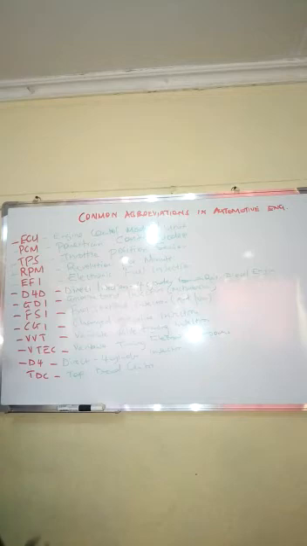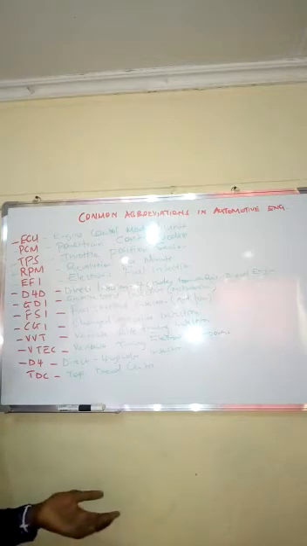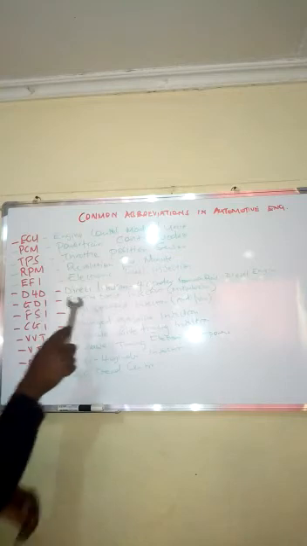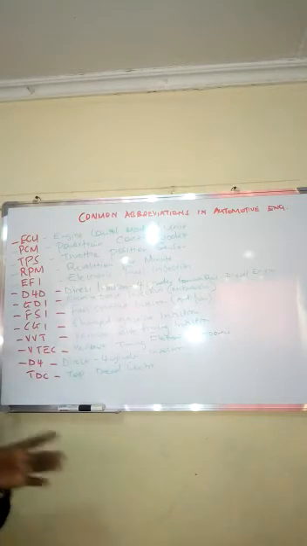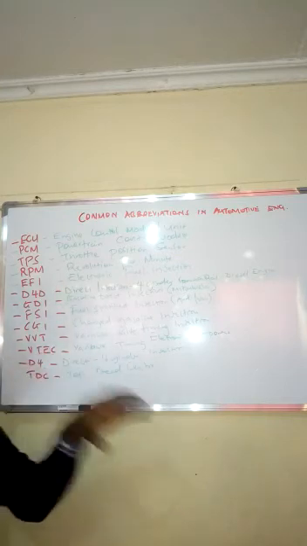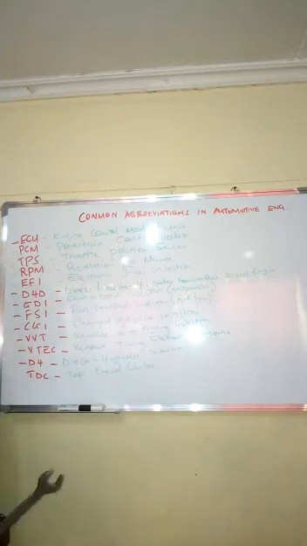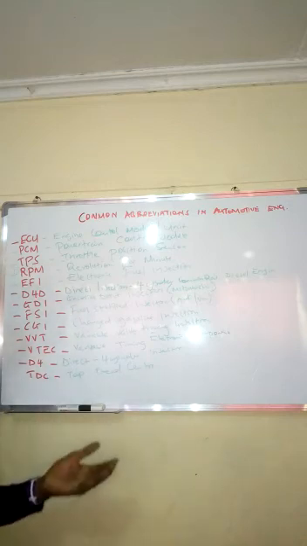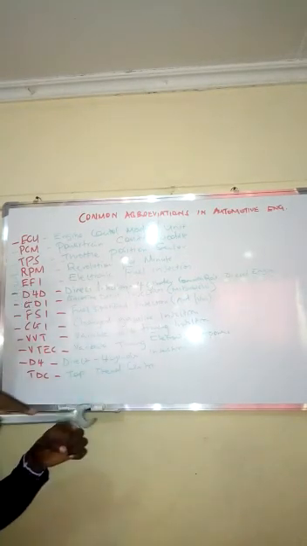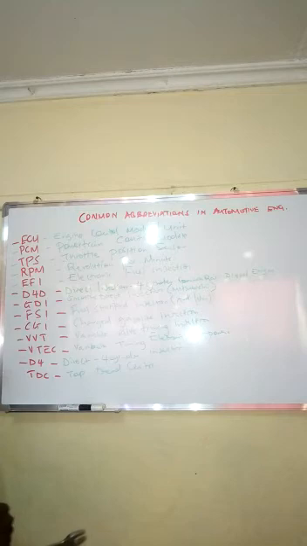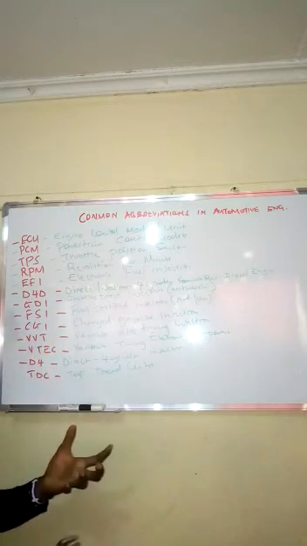D4D, mostly you find it in Toyota vehicles. But what does D4D mean? It stands for direct injection, 4-cylinder, common rail, diesel injection. Simply, it means that this fuel is directly injected into the cylinder head, into the combustion chamber.